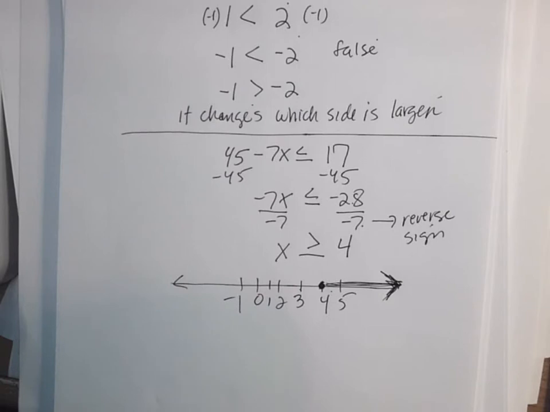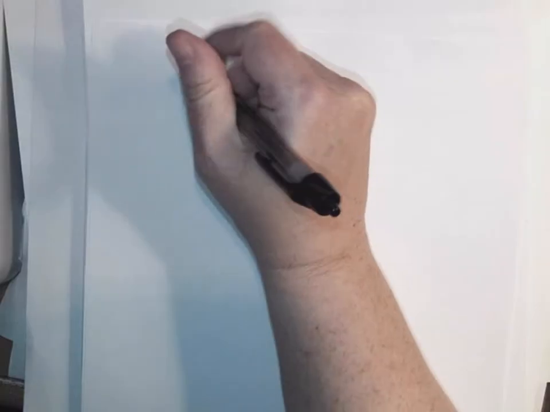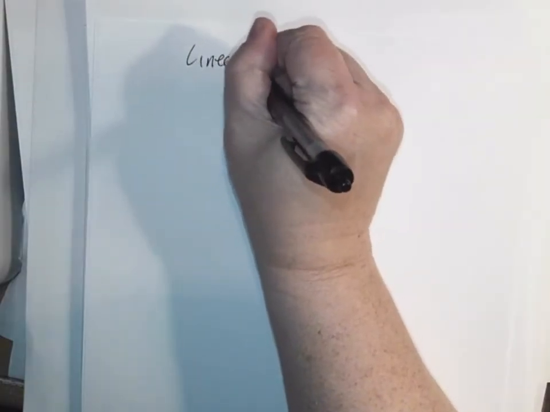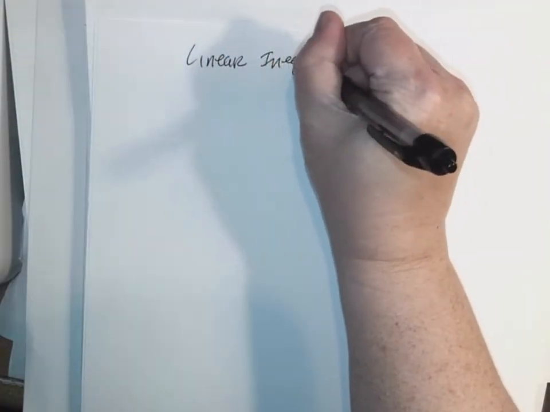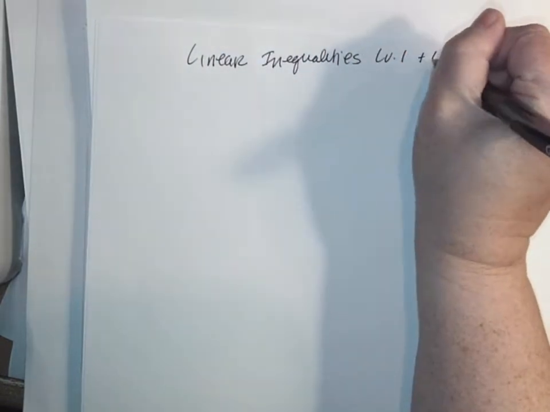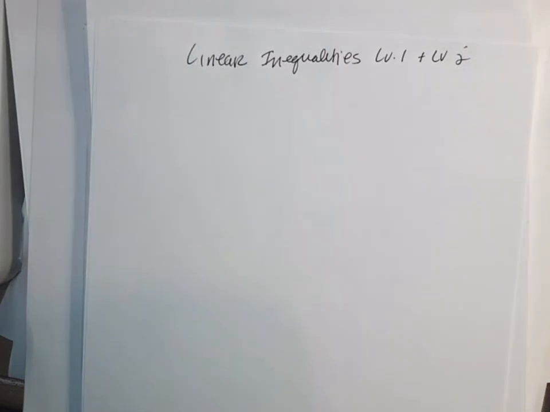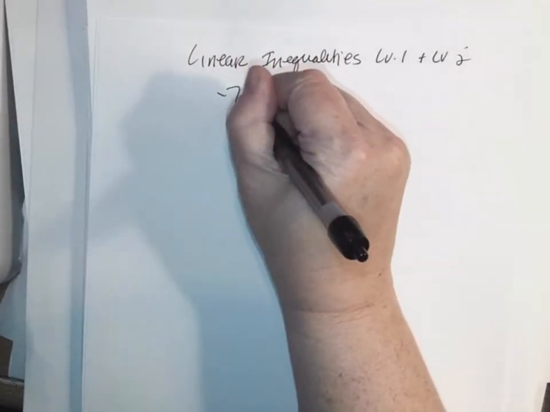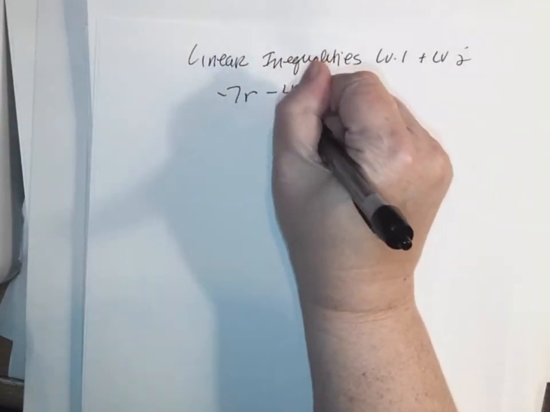All right, let's take a look at doing linear inequalities level 1 and level 2. It correlates to your Delta Math, level 1 and level 2. On this one, you're going to have variables on both sides. So negative 7r minus 4 is greater than or equal to 4r plus 2.